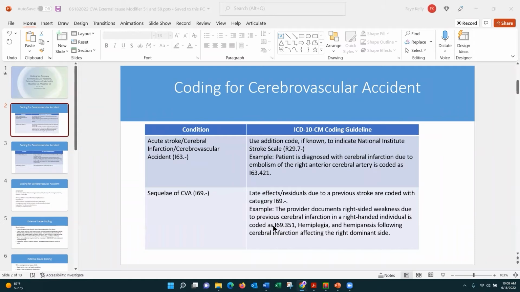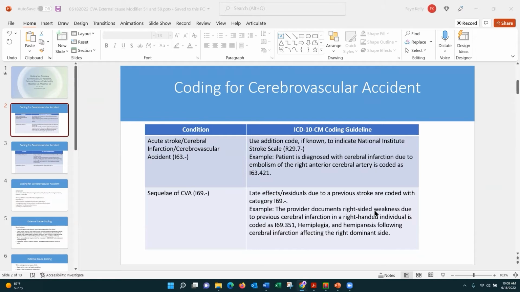So here's an example. The provider documents right-sided weakness due to previous cerebral infarction in a right-handed individual, and that is coded as I-69.351, hemiplegia and hemiparesis following cerebral infarction affecting the right dominant side.